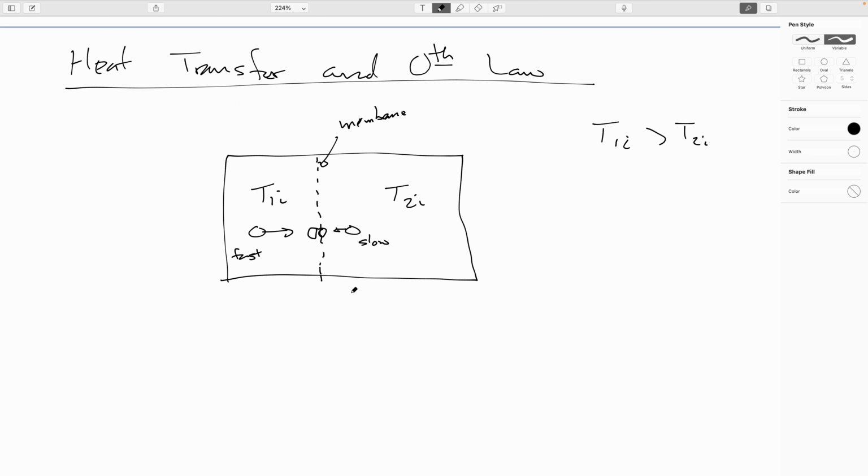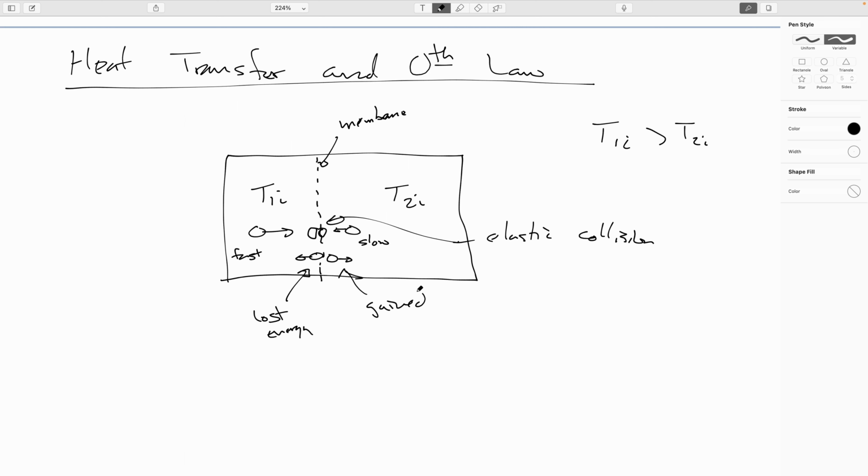So what will happen is we'll have an elastic collision here. And so then the molecule that was faster will be going slower, and the molecule that was slower will be going faster. So this one will have lost energy. This one will have gained energy.